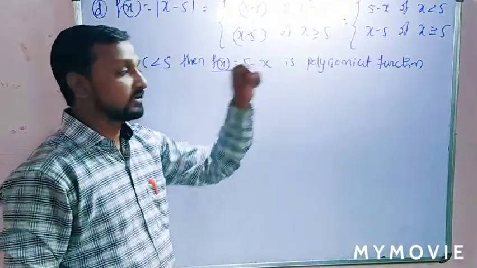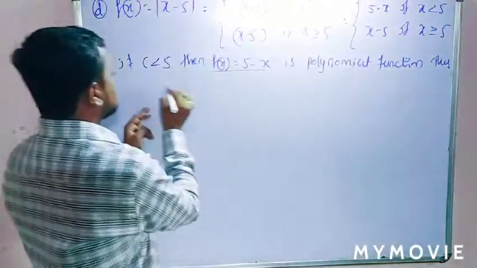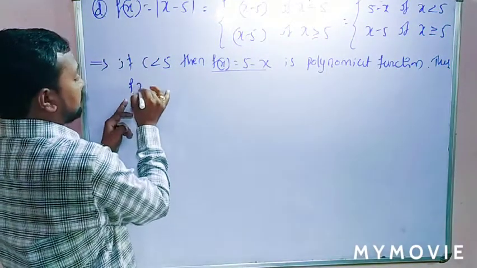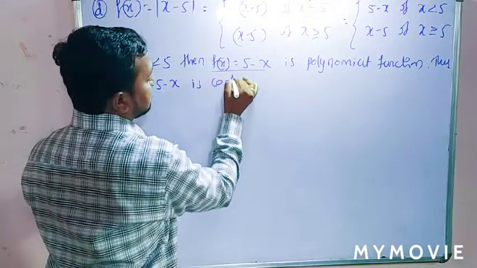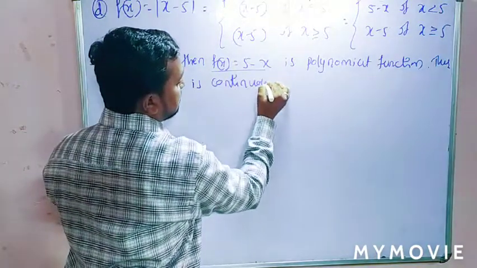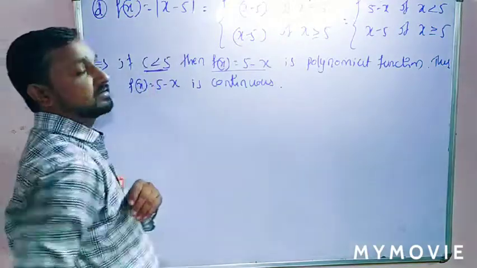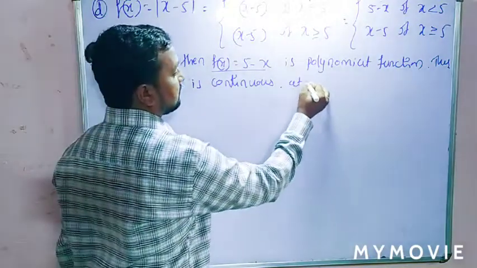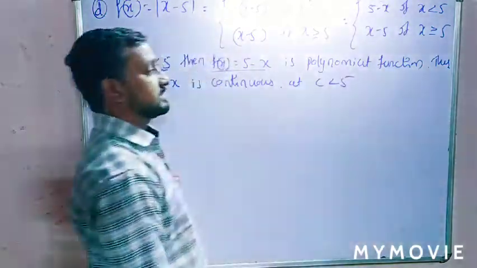Thus f of x equals 5 minus x is continuous at every real number less than 5. Continuous at every real number c less than 5.